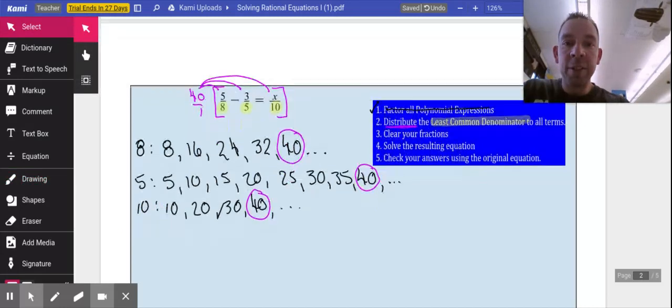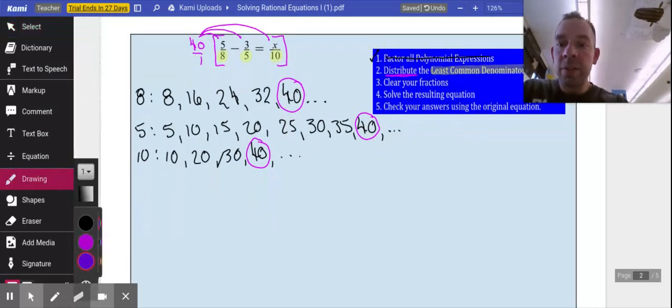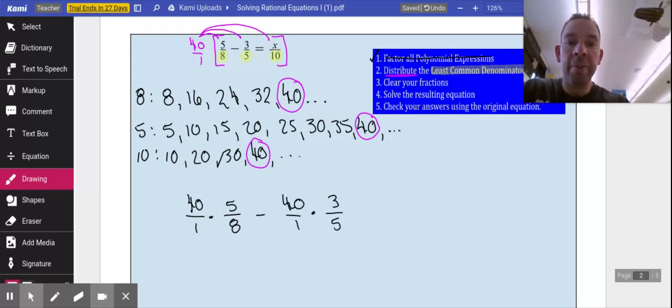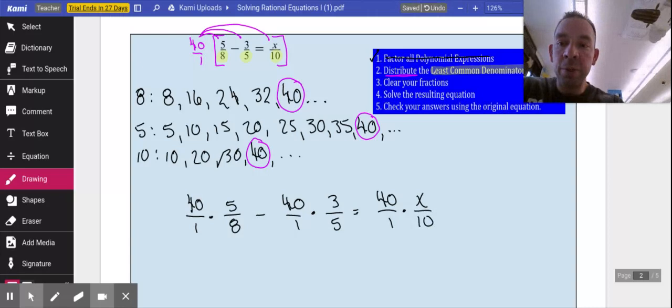So it's going to look like 40 over 1 times 5 over 8, minus 40 over 1 times 3 over 5, equals 40 over 1 times x over 10. One really cool thing is I like to reduce as I go. 8 goes into 40 5 times, and then I multiply this 5 and this 5 to get 25.